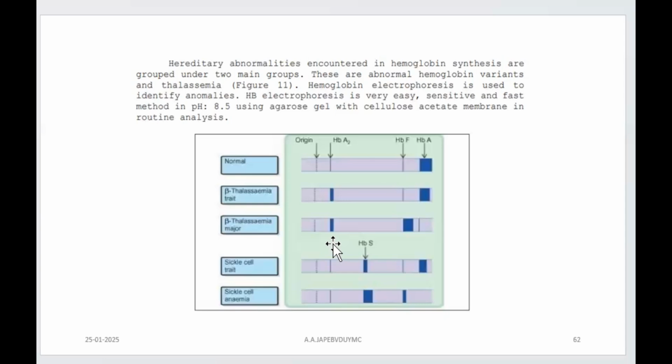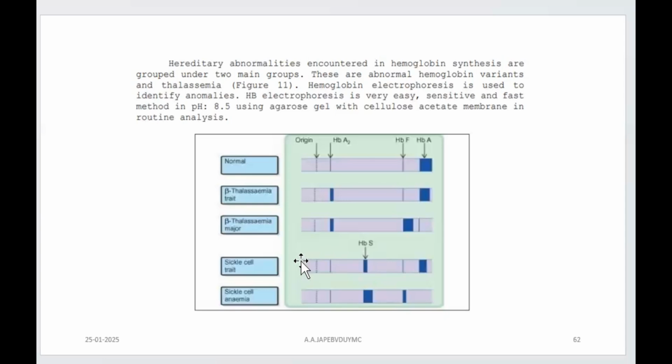What kind of band formation is observed? Are the bands matching with the normal, or are they deviating from the normal? If there is deviation, what is the position of this band, and is it matching with the trait, right? This is the trait. So if there is HbS present, a band will be observed here.